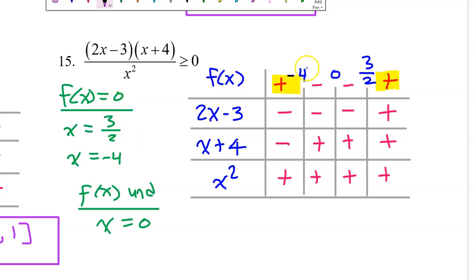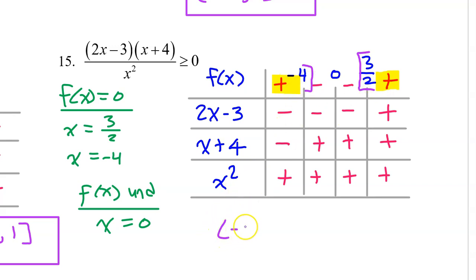So I will show this by putting a bracket on the 4 and a bracket on the 3 over 2. So the solutions are from negative infinity to negative 4, bracket, union, bracket, 3 over 2 to infinity.